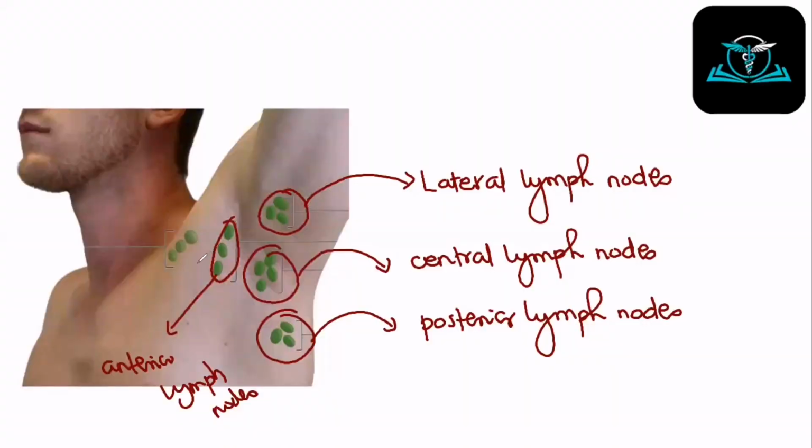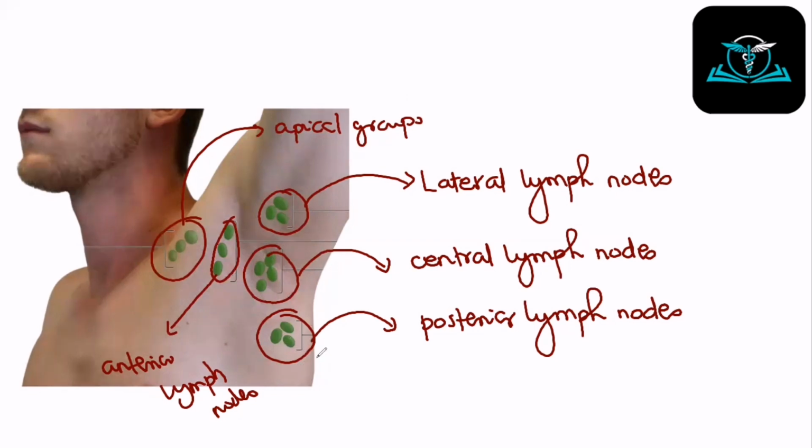And then this group here is the apical group of lymph nodes. So generally, we have 5 groups of axillary lymph nodes. We have the apical group, which will eventually receive from all 4 other groups: the anterior group, the lateral group, the central group, and then the posterior group.